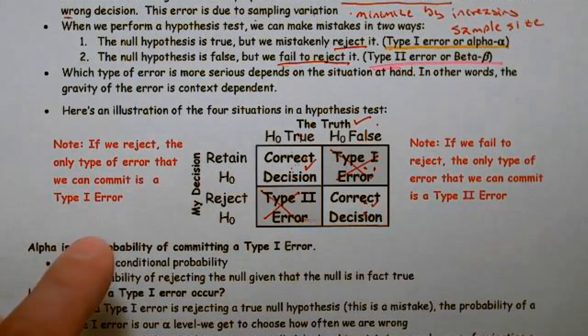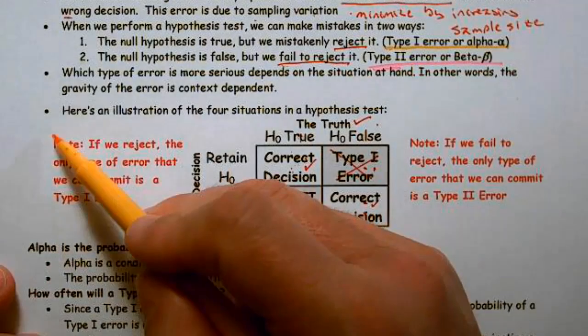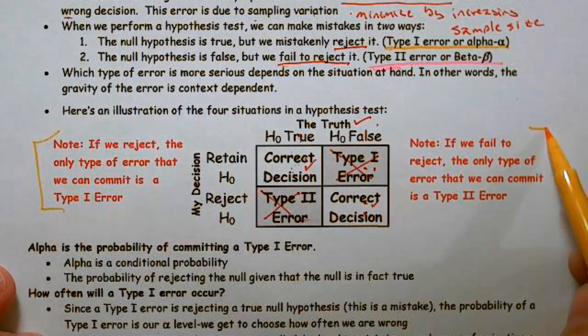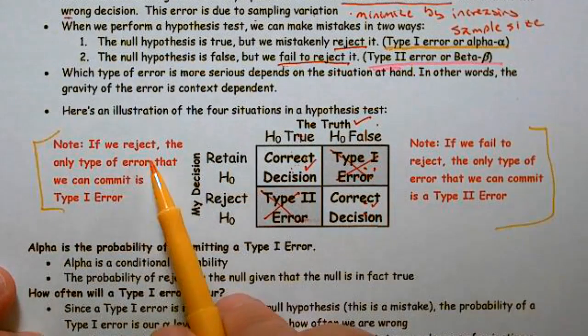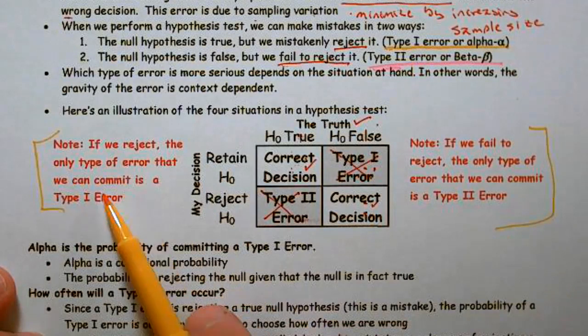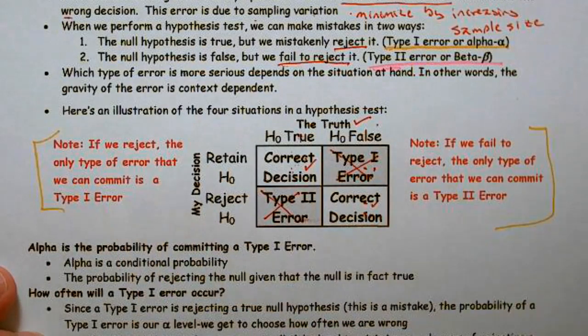Once again, these things that are off to the side right here, super important. If we reject, the only type of error that we could commit or might commit is a type 1. Of course, we might have made a correct decision. If we fail to reject, the only type of error that we might have made or could have made is a type 2.